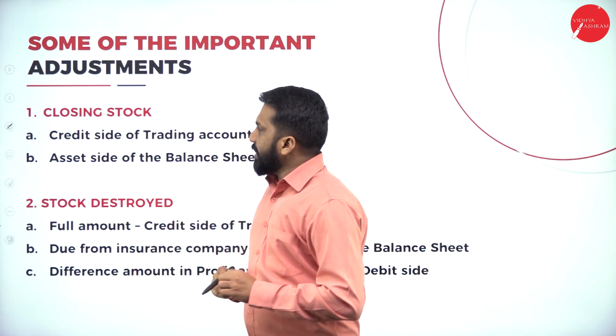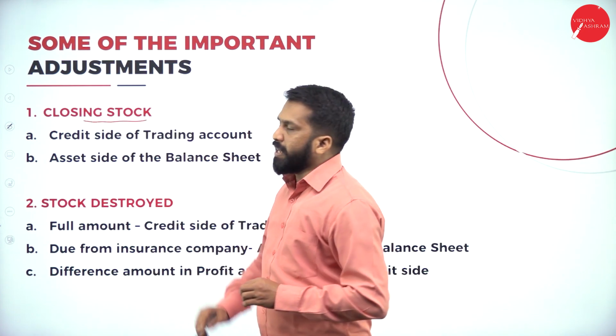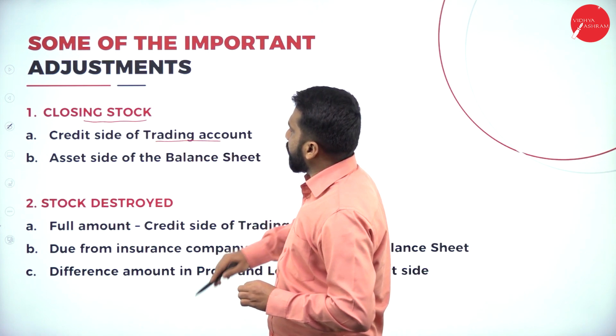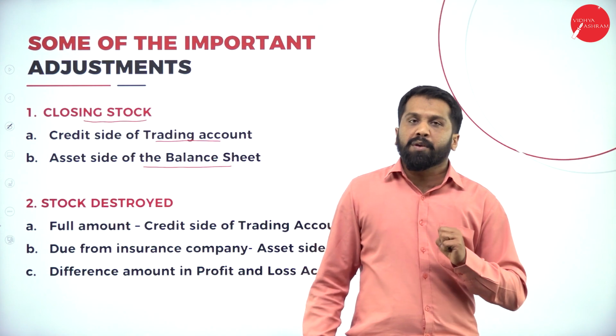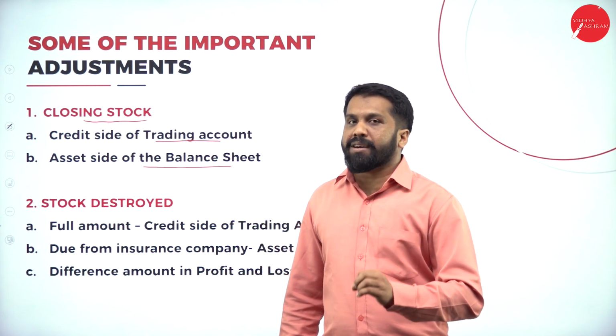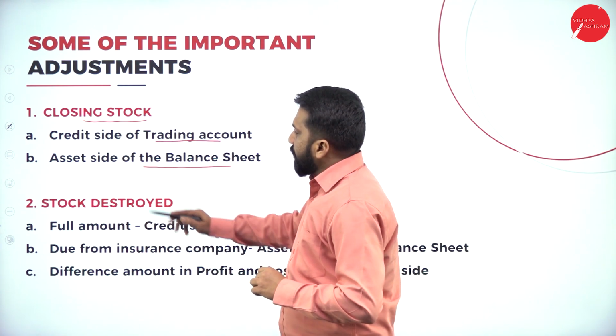Now, in the adjustments, if they have asked closing stock, then what are you supposed to do? Credit side of the trading account, asset side of the balance sheet. Twice, as I told you, whatever comes in adjustment, how many times you have to consider? You have to consider twice. This is done? Yes. Stock destroyed.